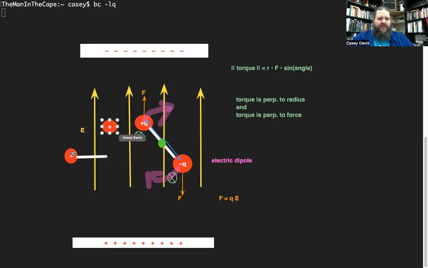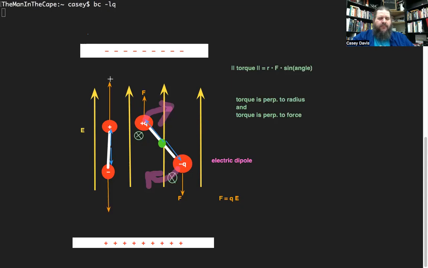Yeah, if we arrange this vertically, specifically if we put the positive charge above and the negative charge below. So something like this. In that case, if we fill in the forces and the radii, so radius, radius, and force and force.